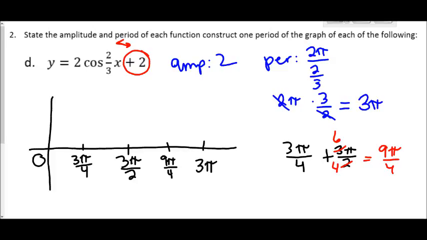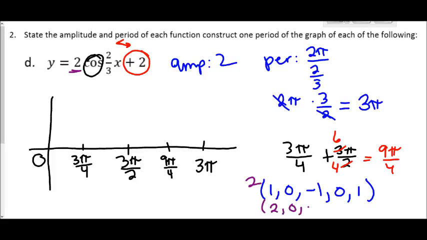Okay, so we take our cosine pattern, which starts with 1, 0, -1, 0, 1. And we have an amplitude of 2, so we multiply this by 2 and we get 2, 0, -2, 0, 2. And it's also going to be going up 2.